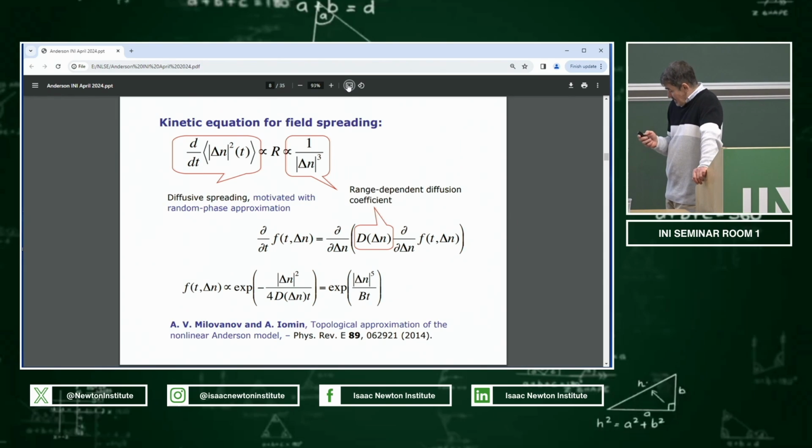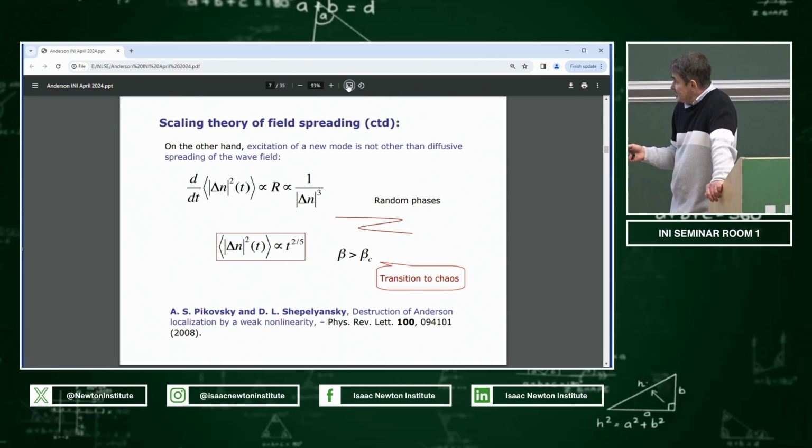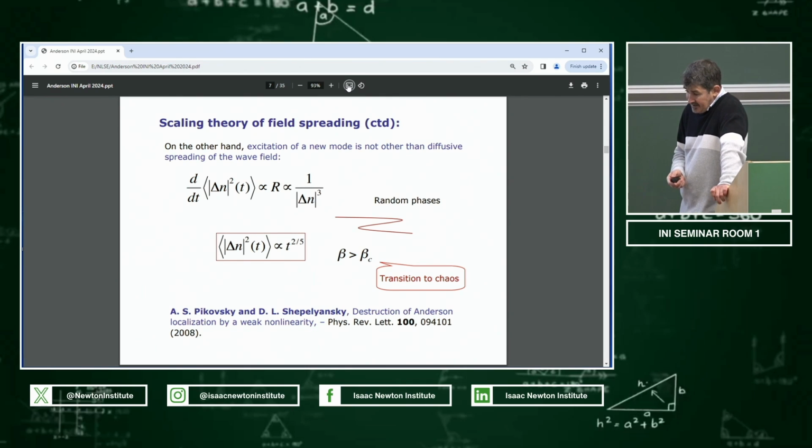So, if we believe in the theory of Pikovsky and Shpelansky, then, well, I knew about it from Sasha Yomin, and we were quite excited about that result, and we also wished to look deeper into it.